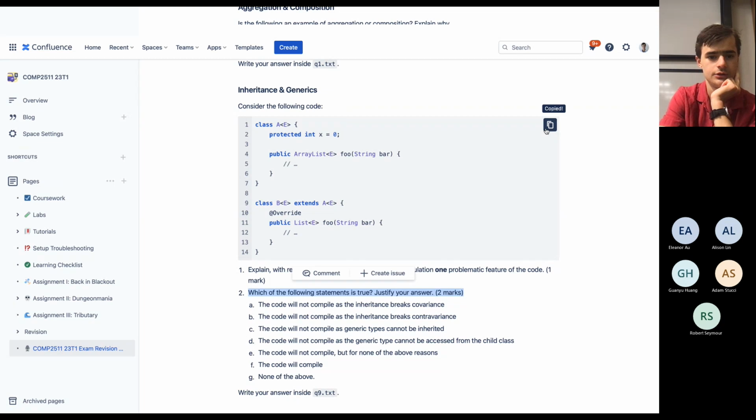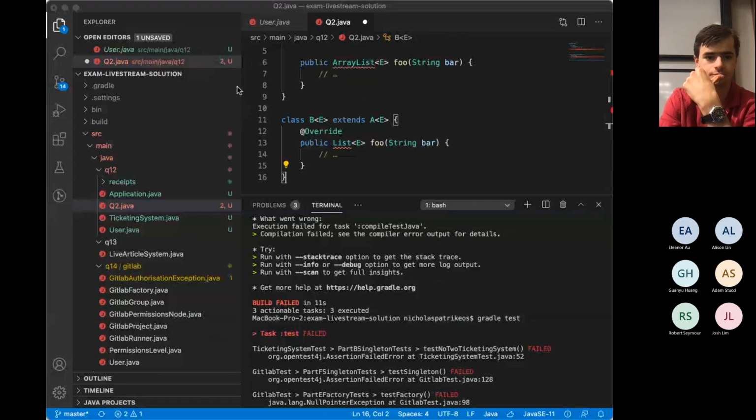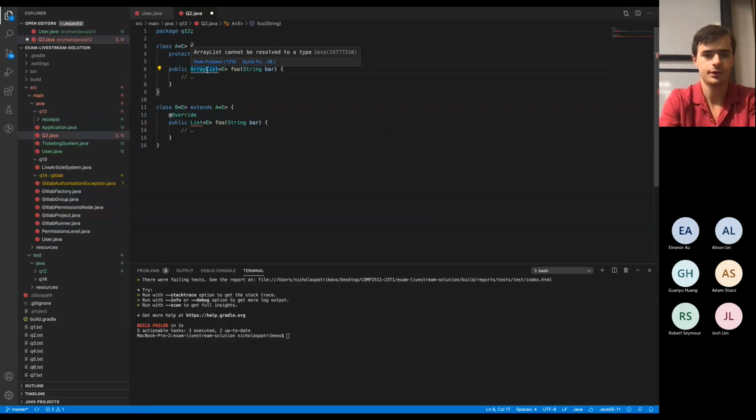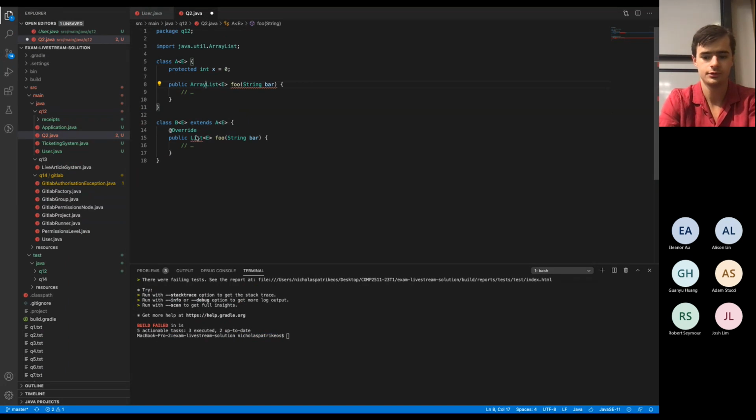I'm going to make a new file here called covariance question2.java. Paste this here. Let me share my IDE. Cool. All right. Now this isn't compiling because I haven't imported it.